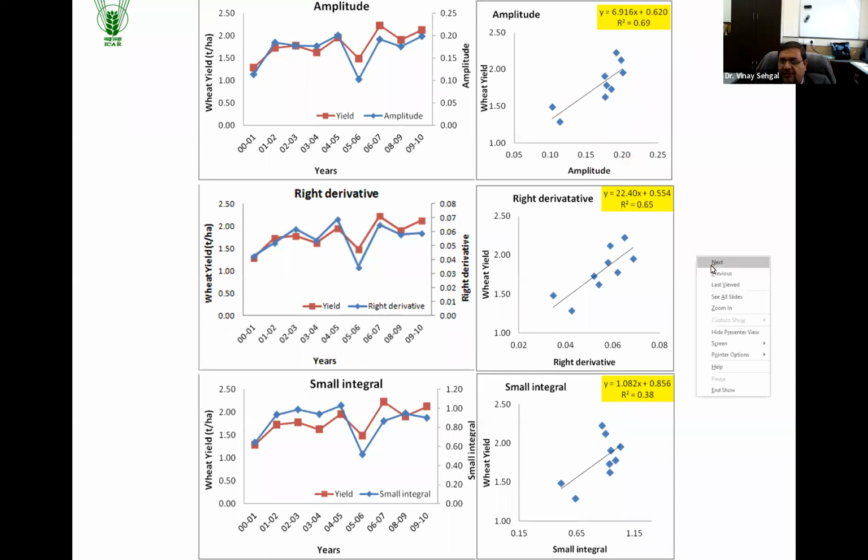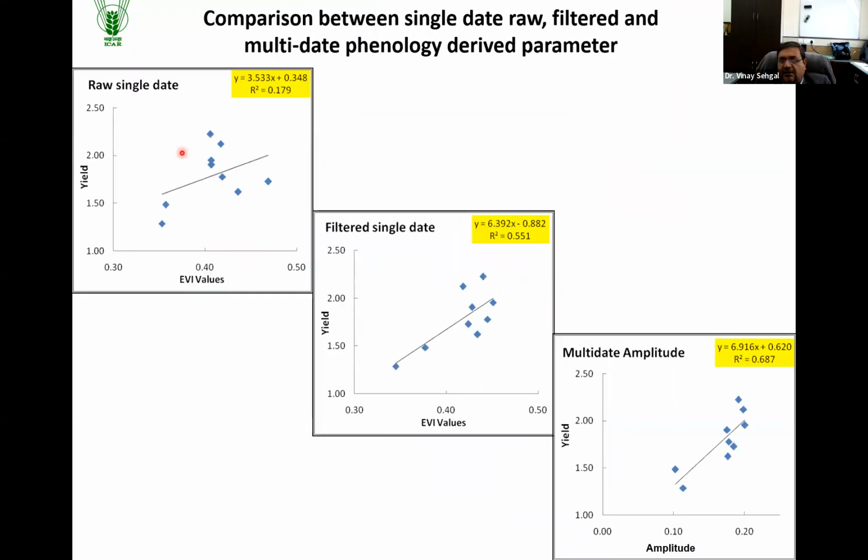If we use only single day data of the vegetation index for each year to develop a yield model, the R square was 0.179. Once you filter the atmospheric noise and then use the single date, it improves to 0.551.